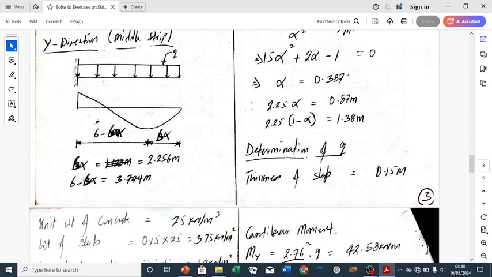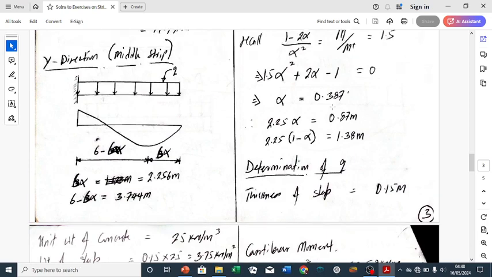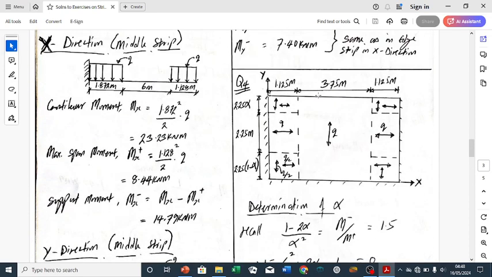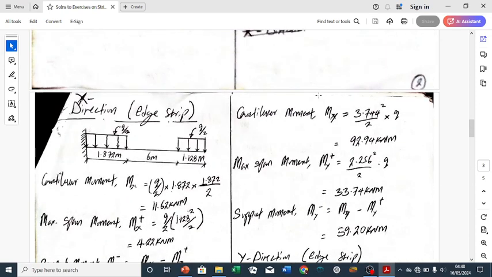So what we now do is that at this demarcation, whatever is on this side will be part of the cantilever moment. Whatever is on this side will be part of the maximum span moment. So we can go ahead and do the calculation.